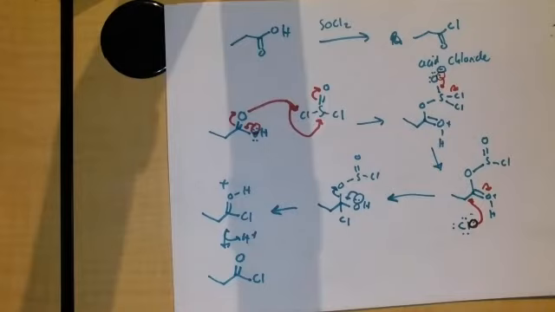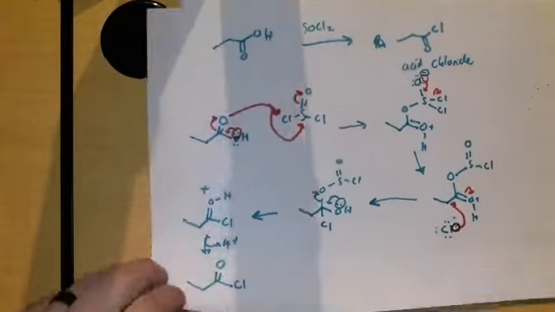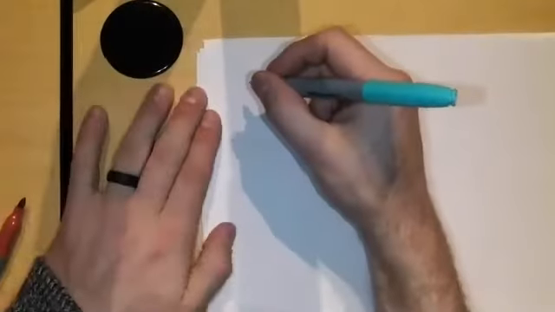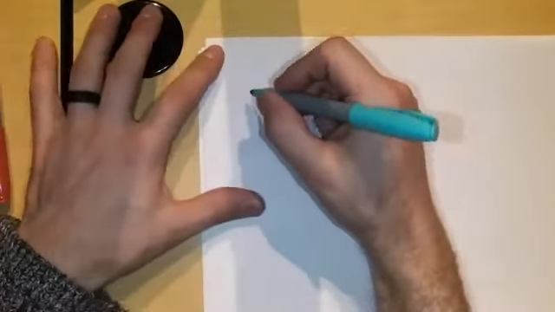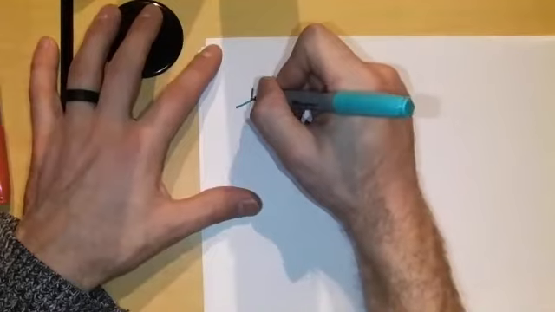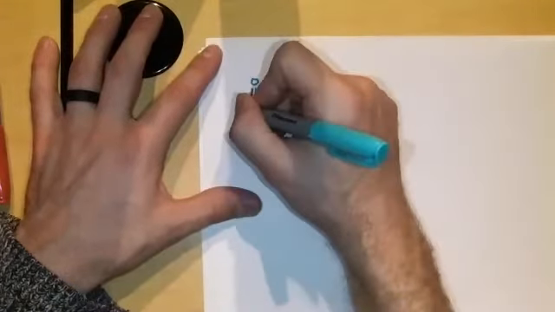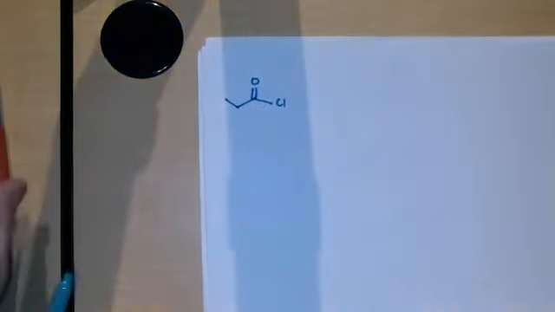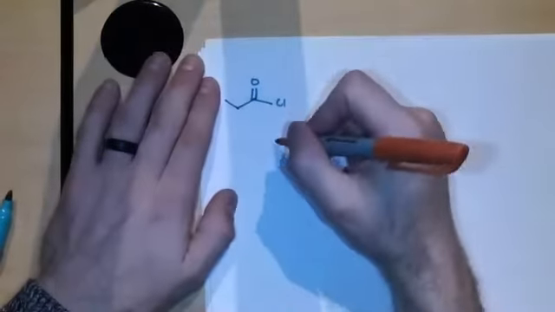So once you've made this acid chloride, this is essentially a really good leaving group.